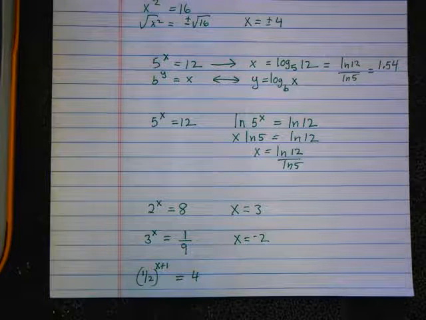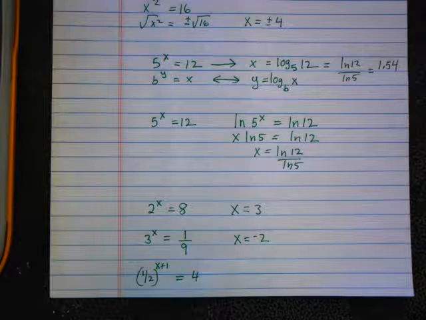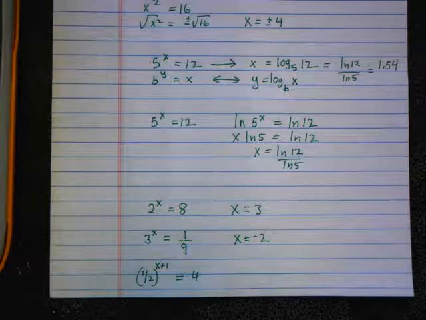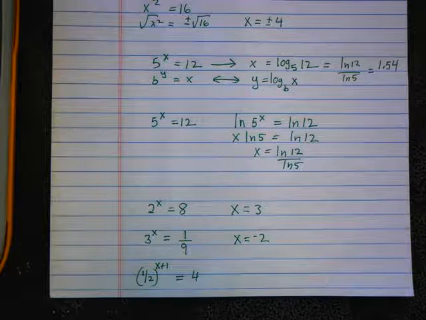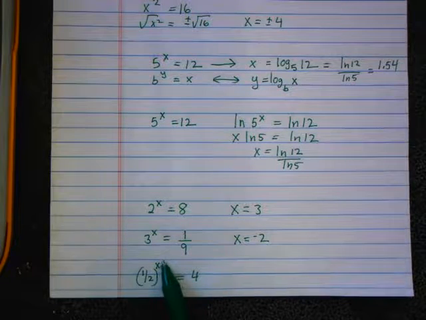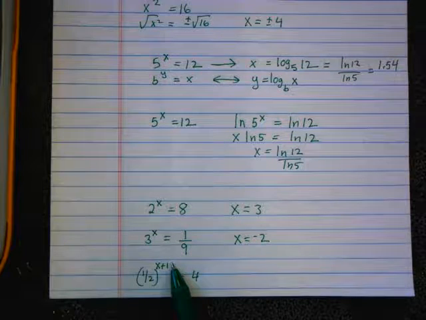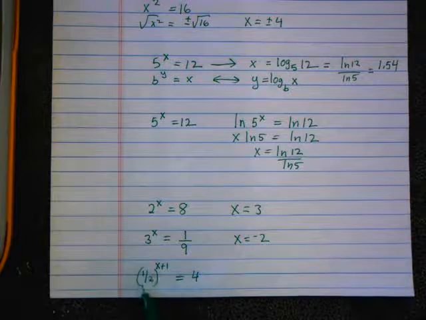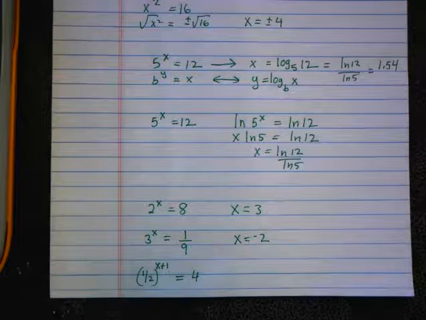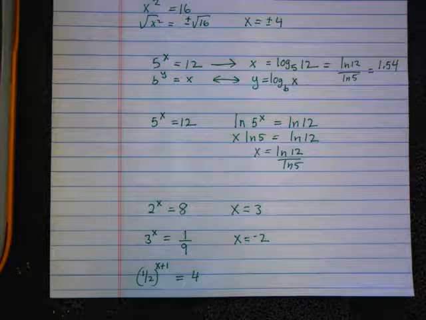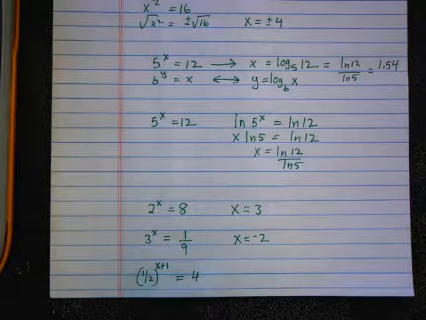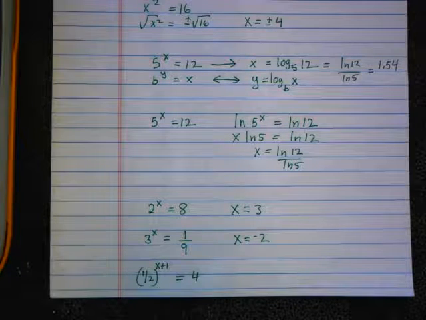How'd you get -1? Because order of operations says if I plug a -1 in here, I would do -1 plus 1, which would be 0. And 1/2 to the 0 would be 1, and 1 doesn't equal 4.